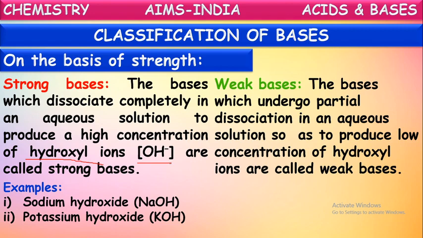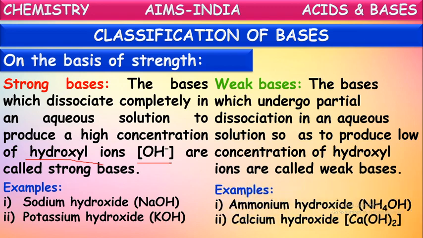Such kind of bases are called weak bases. For example, ammonium hydroxide, calcium hydroxide. When you dissolve them into water, very few molecules of those will split into OH minus ions and positive ions. Okay, based upon the ionization, bases are classified into two types, strong bases and weak bases.